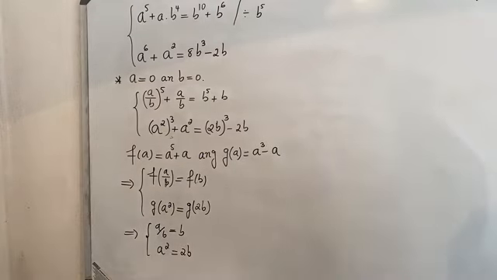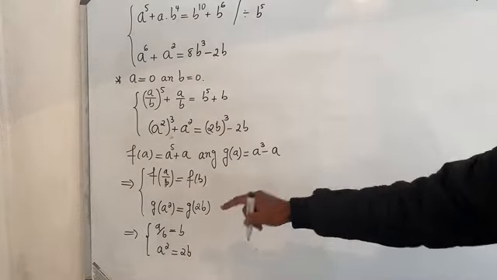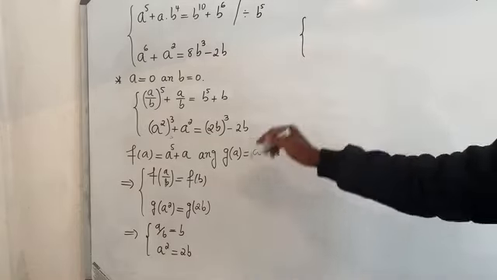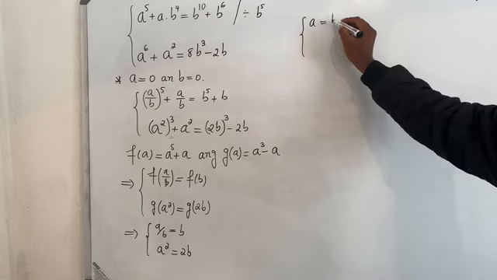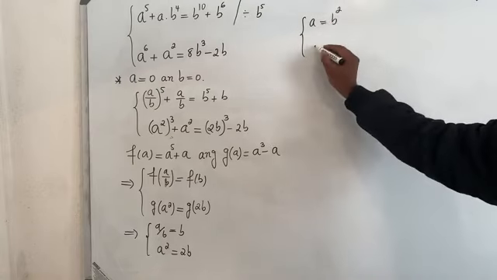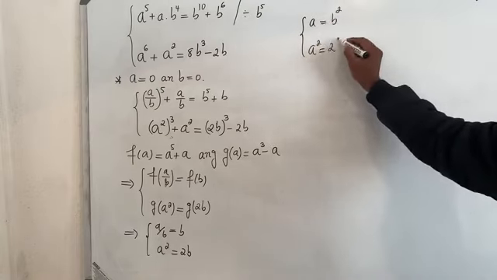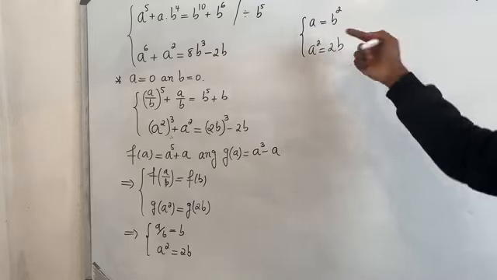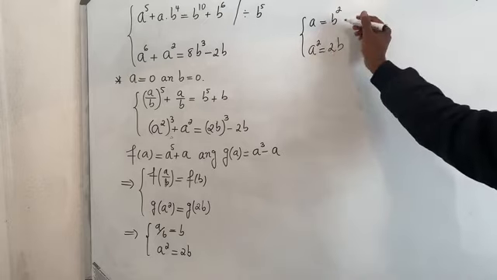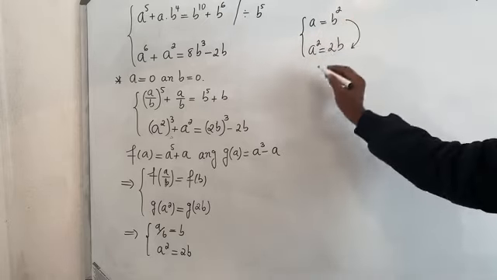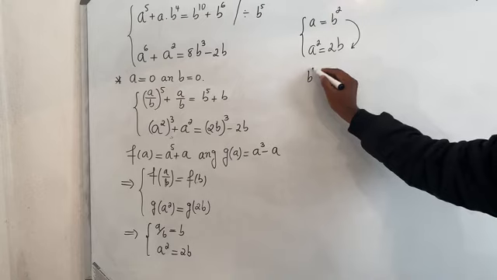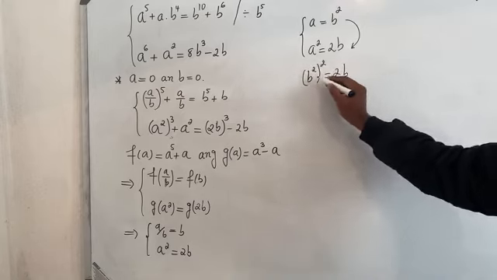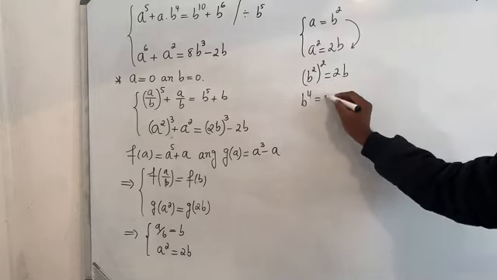Okay, now what do we have to do? We can isolate a. So a is going to be equal to b squared, and then we have a squared equal to 2b. If a is equal to b squared, we can substitute here to find the value of b. So we're going to have b squared all squared equal to 2b, so b to the power 4 equal to 2b.